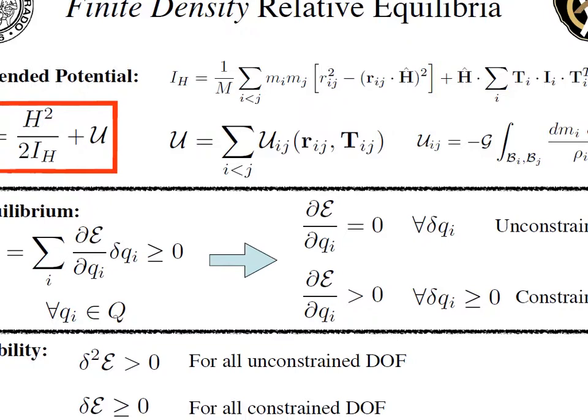And that turns out to be the stability condition as well. For the unconstrained degrees of freedom, we still need the variation of the energy function to be positive definite. So under this system, under dissipation, as we decrease the total energy, the system will always approach a relative equilibrium because it can always end up resting on each other.